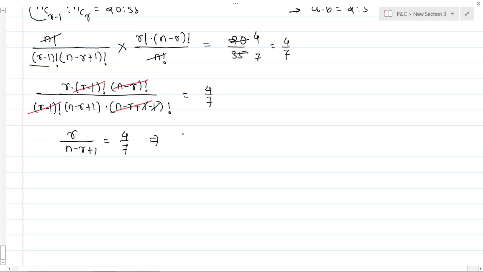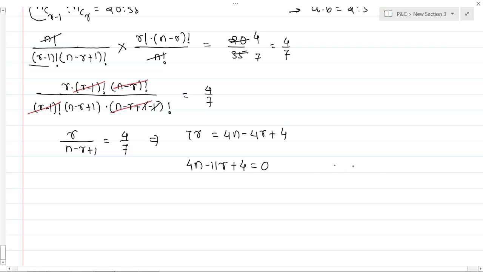So implies 7r is equals to 4n minus 4r plus 4. Okay, so what I can write is 4n. So 7r comes to this side, so it becomes minus 11r plus 4, it is equals to 0.